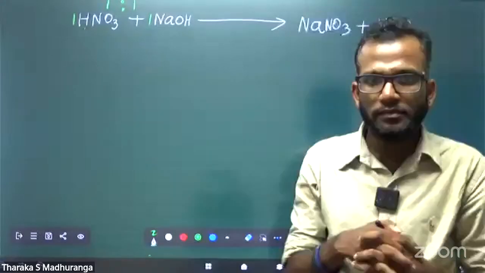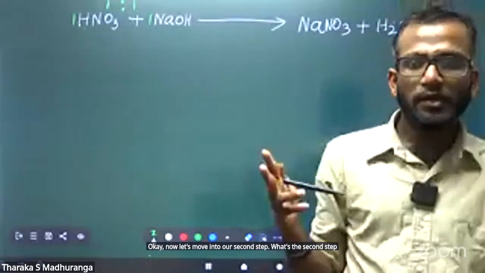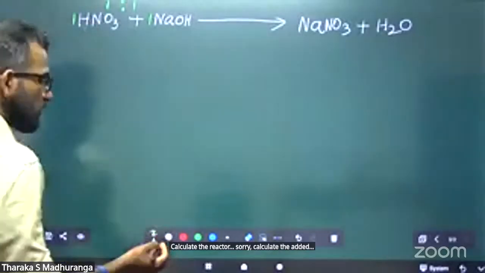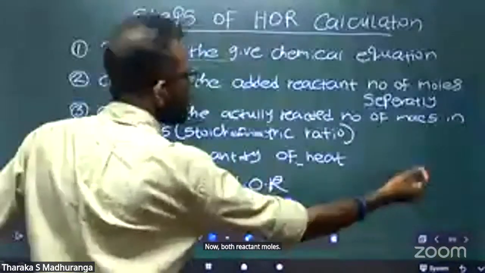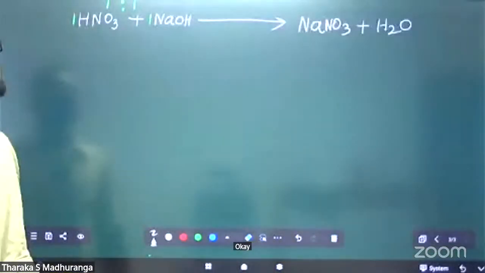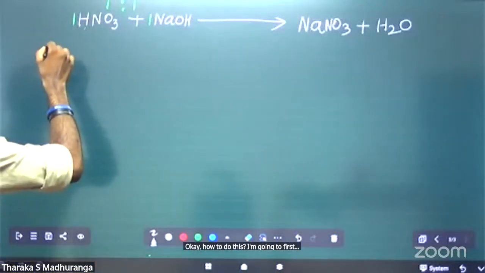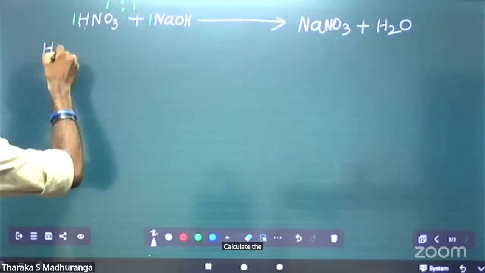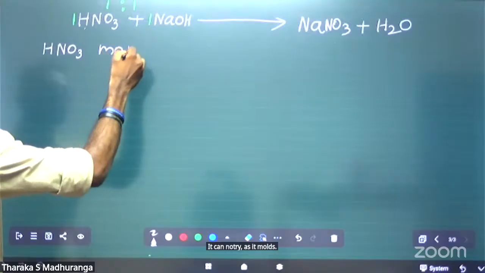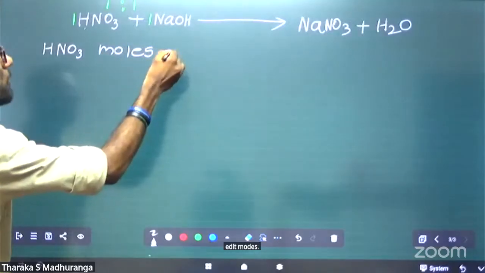Now, what's the second step? Calculate the added number of reactant moles. Okay, how to do this? I'm going to first calculate the HNO3 acid added moles. How to calculate?